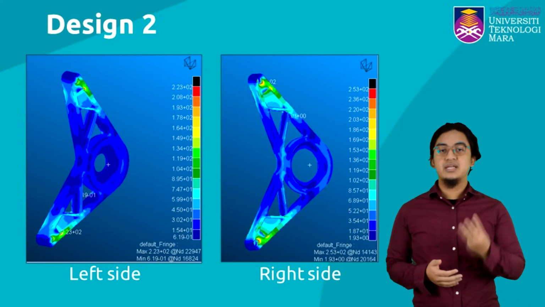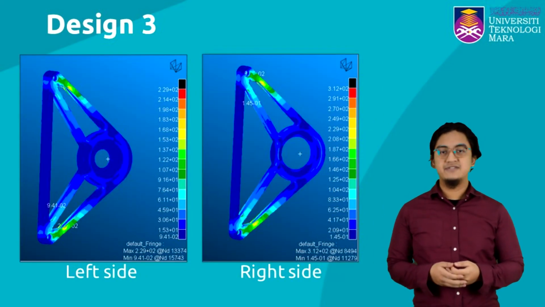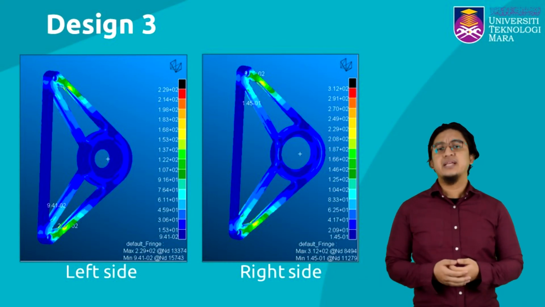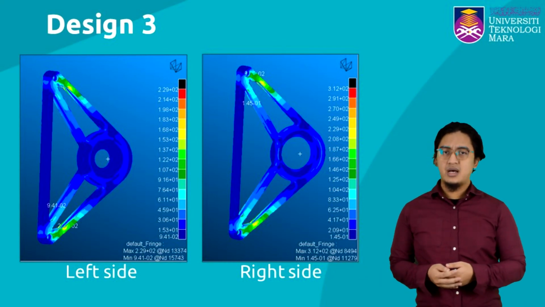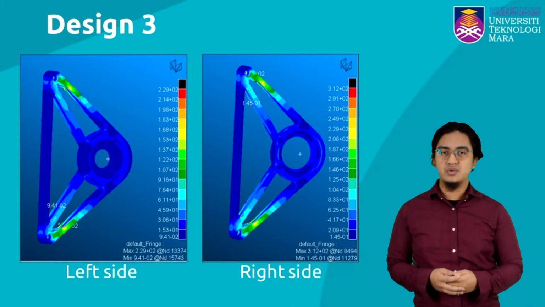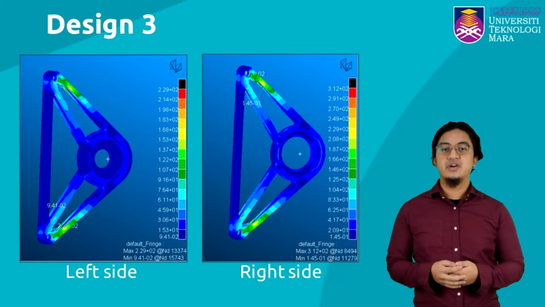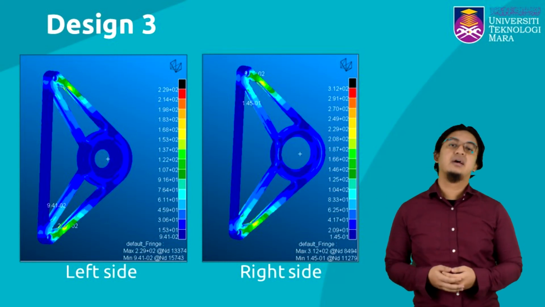For design 3, the maximum stress is 229 megapascal for the left side and 312 megapascal for the right side. It seems that the additional bar on the mounting does not help in reducing the stress value. However, the removal of the ribs is not increasing the stress.